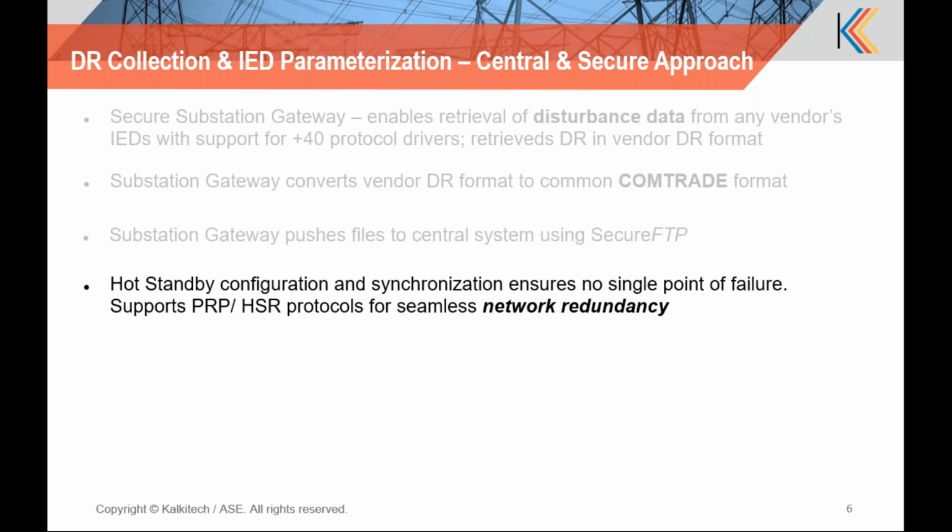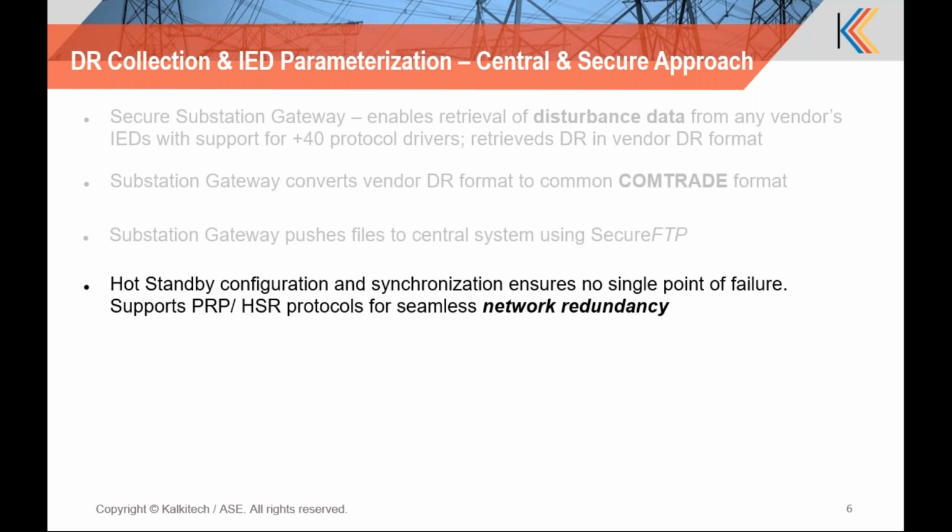And we have a complete hot standby configuration for avoiding a single point of failure, and we also need a PRP/HSR protocol for network redundancy. So we support the PRP/HSR protocol for seamless network redundancy requirements, so that when any network failure happens, the complete data is always routed through two separate networks.